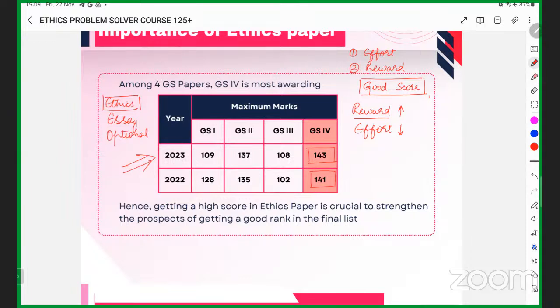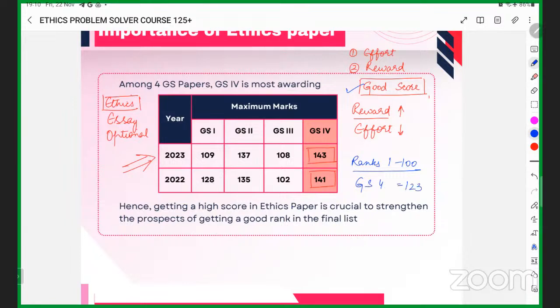Now, another question which could arise in your mind is that I've used the term good score in ethics. What is that good score, or how can we quantify a good score in ethics? Based on the analysis of the marks of the rank holders, ranks 1 to 100, the average marks in GS4 has been 123.